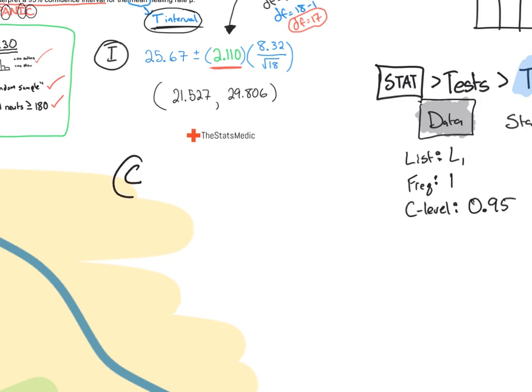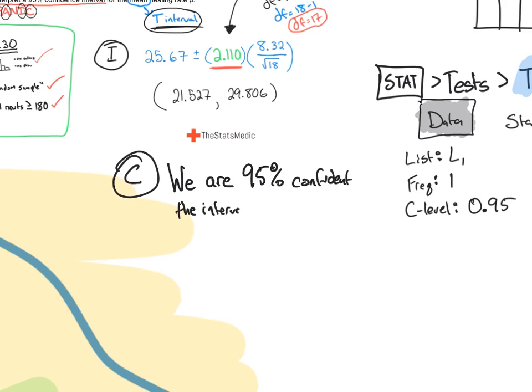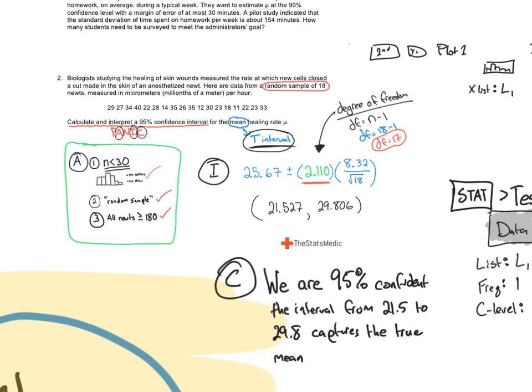So let's do the last part, conclusion. We would say this: we are 95% confident the interval from 21.5 to 29.8 captures the true mean, what are we looking for?